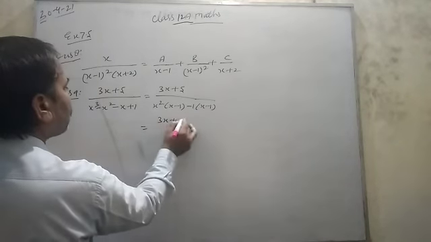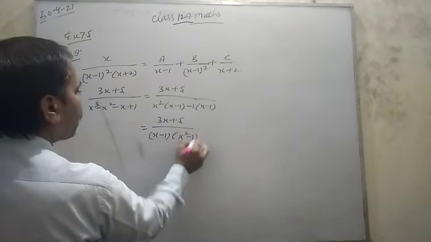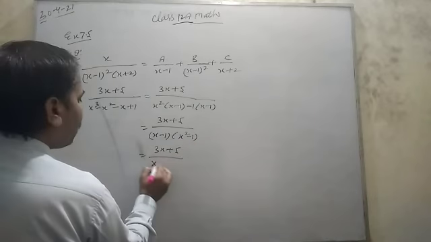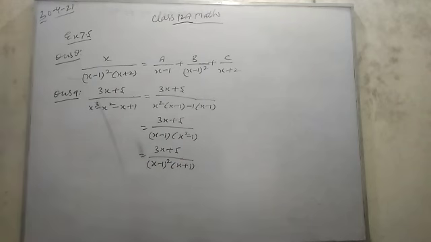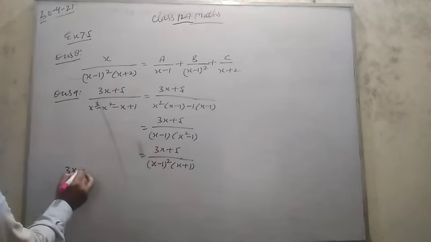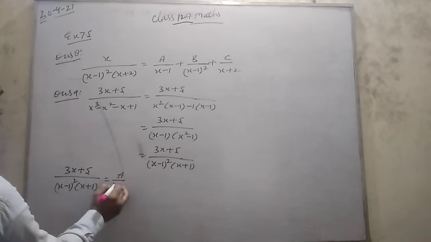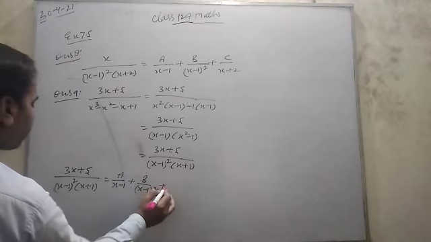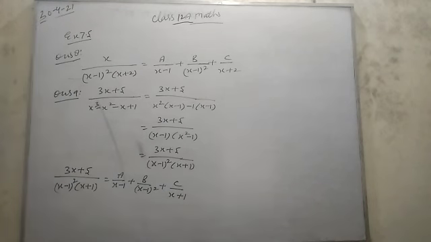So 3x plus 5 upon x minus 1 take common, x square minus 1, again x minus 1, x plus 1. So x minus 1 whole square, x plus 1. Clear? Means 3x plus 5 upon x minus 1 whole square, x plus 1. So can write a upon x minus 1 plus b upon x minus 1 whole square plus c upon x plus 1. Take LCM and do like that.